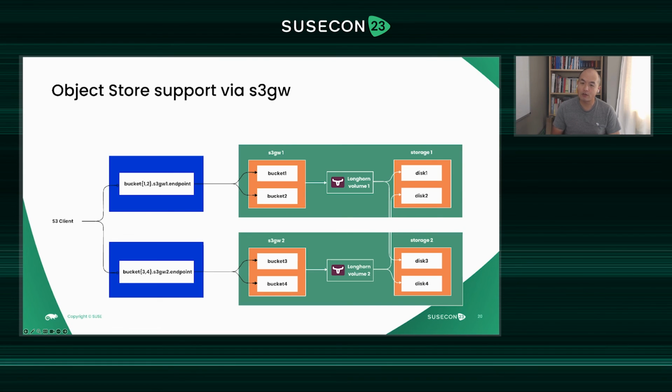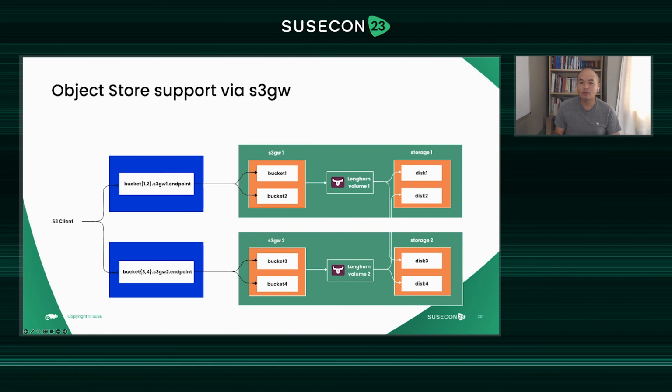You might know SUSE has an internal project called S3 Gateway, which is derived from the Ceph Rados Gateway project. We want to make it more generic, and S3 Gateway will be the engine powering Longhorn object store support.